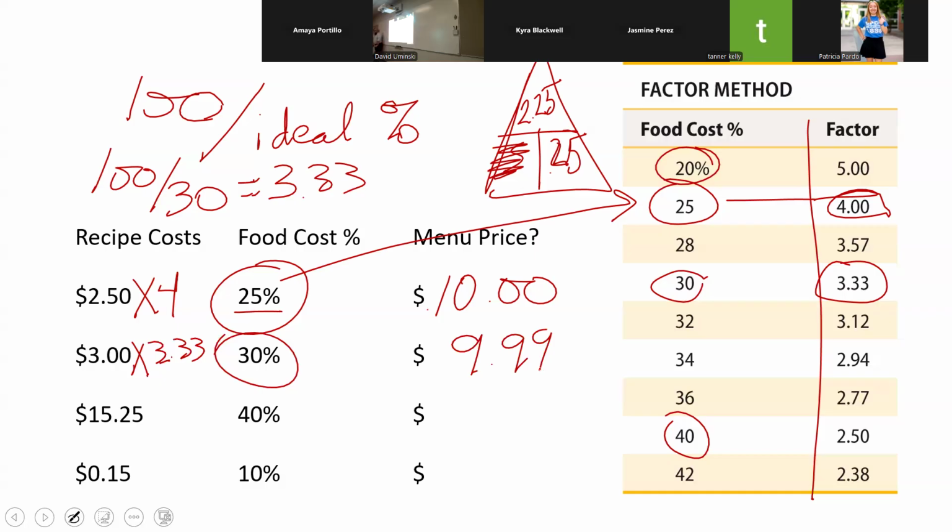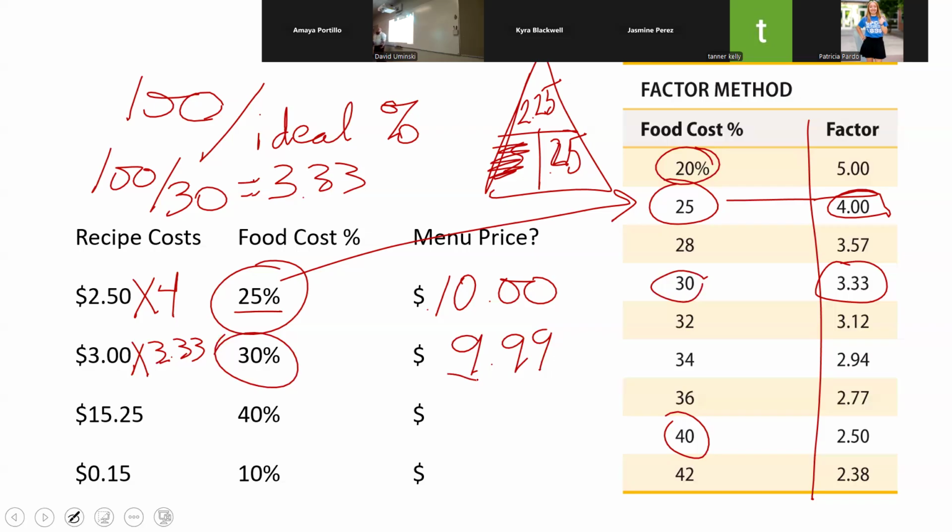You see that? Is there a difference between $9.99 and $10? One penny, yes, there is one penny. However, if you're Mr. Uminski, I look at this number and I'm like, oh, that's only $9.